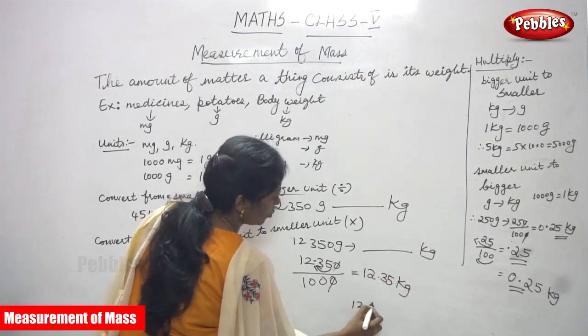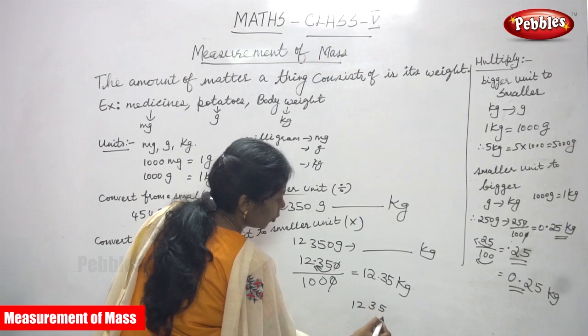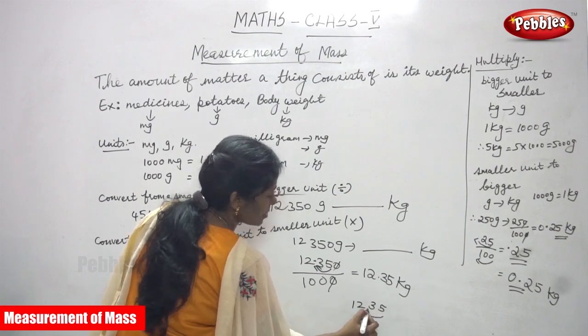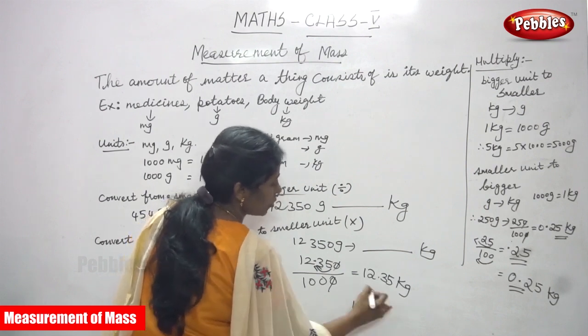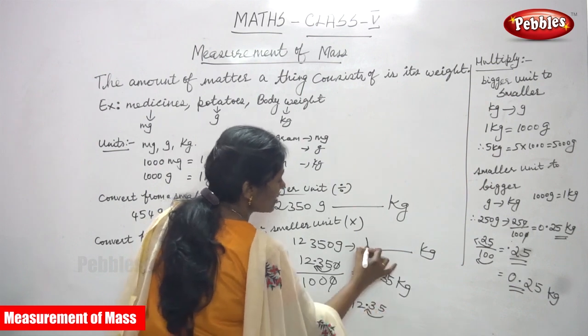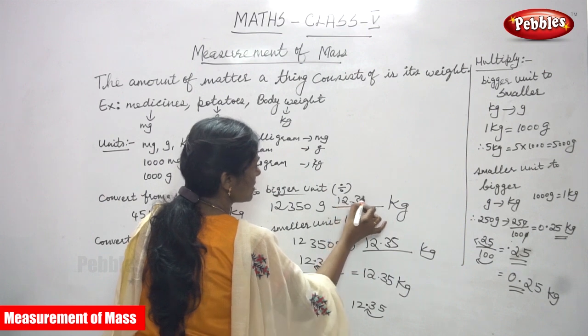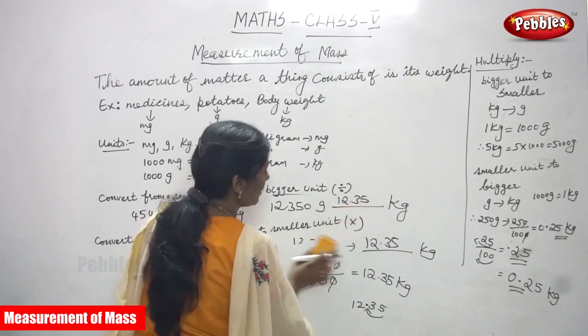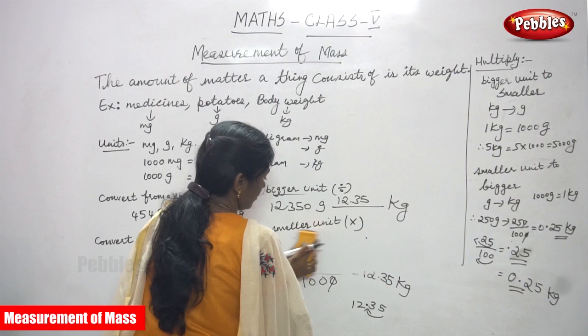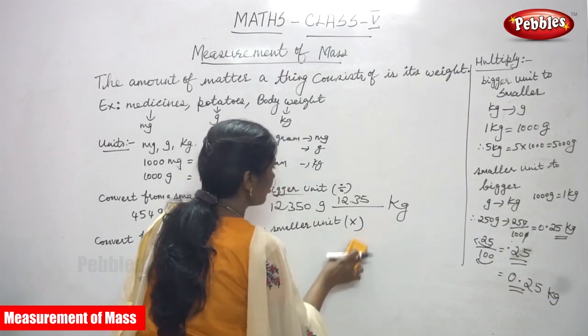See, 1, 2, 3, 5. Answer is 12.35 kg. So you write this answer. You convert. Now you fill the blanks. And that's all for this question.